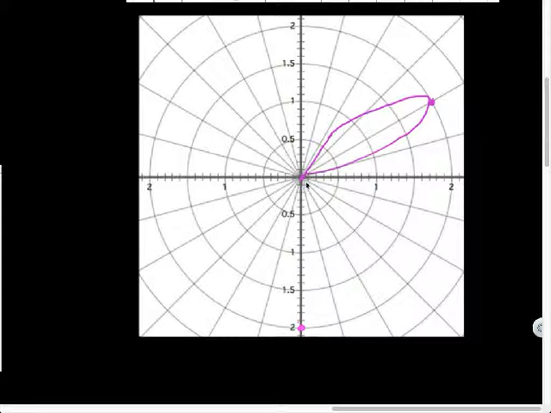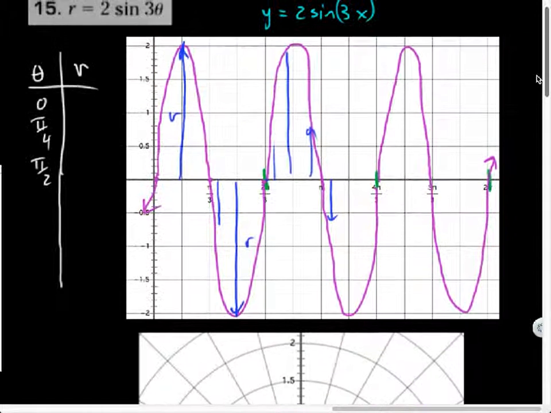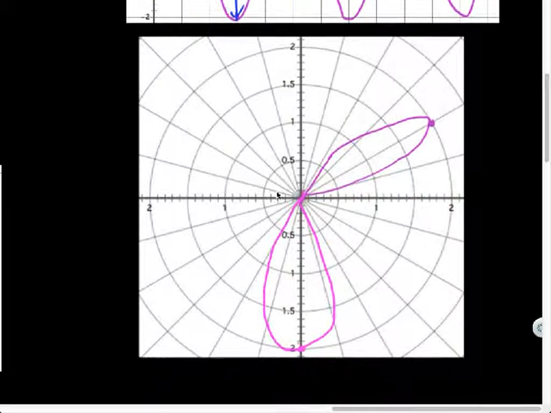So this is really interesting. Once it got here, it actually starts mapping backwards and makes another petal out this way. Those petals aren't really amazing there, but you get what's going on. And then it's going to be positive R values for this next chunk, from here to here. For those angles, once it looped back here, it actually would loop like this, and I messed up, didn't I?